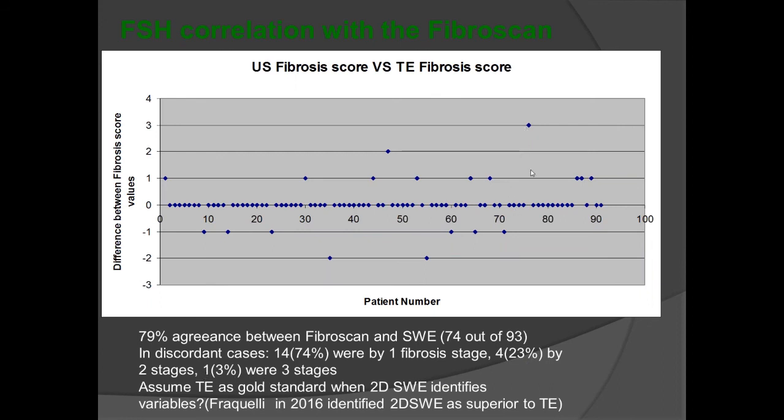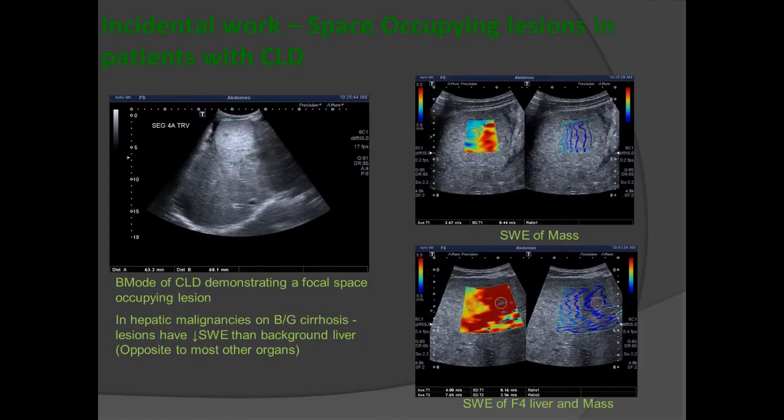You've got a very stiff normal tissue and a softer lesion. Here we can see the comparison of two areas. The actual HCC has a shear wave value of 4 meters a second, and the liver itself is 7.7.